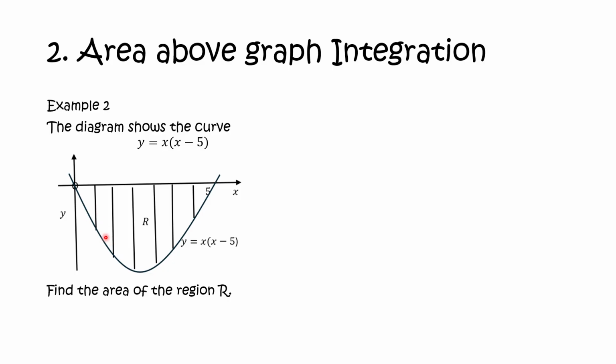But anyway, we just use the same steps that we used previously, because in finding the area of the region R, we would integrate. So the integral from 0 to 5 of x squared minus 5x dx would be given by that. So in this case, we are going to integrate the terms individually so that we have 1 over 3 times x cubed minus 5 over 2 x squared, and we are going to substitute the limits.